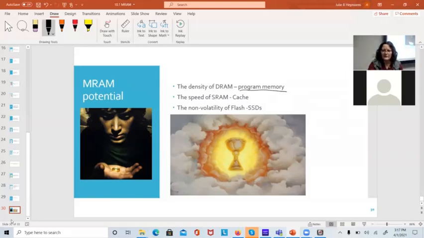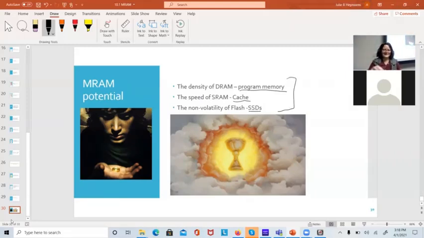They're starting to talk, with some of these modes, about pushing the speed of SRAM. You can use it for cache. And with the non-volatility of flash, we can use it in SSDs. If we could only get past 16 megabits, we've got the one memory to rule them all, the holy grail of memories.